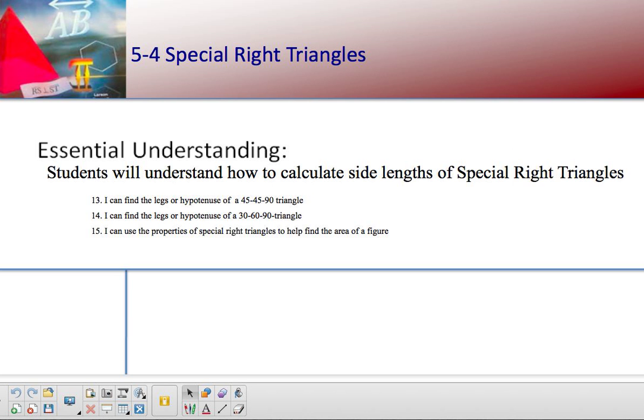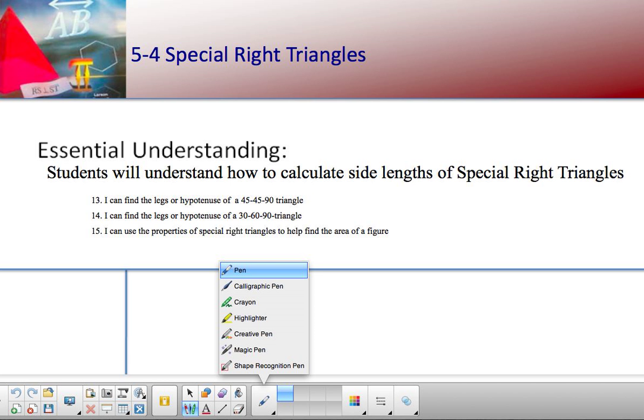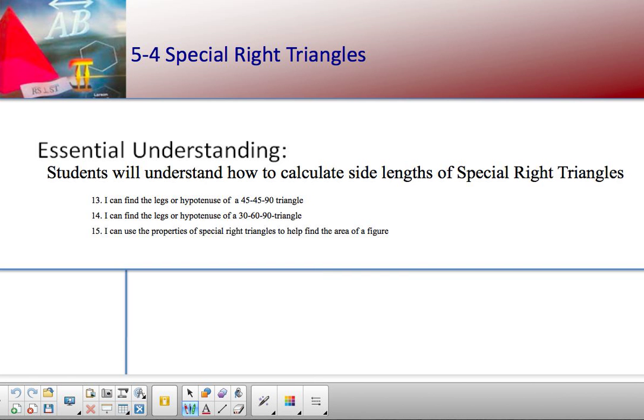This is section 5.4, and we're looking at special right triangles. In this section, our learning goal is that students will understand how to calculate the side lengths of special right triangles.